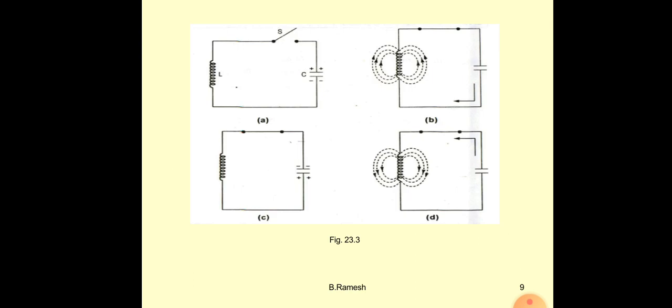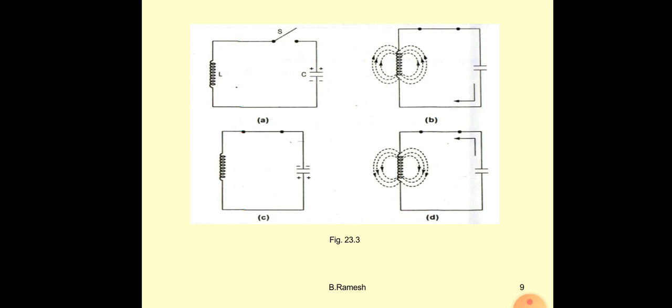Here, initially the capacitor is charged by giving DC voltage, an external voltage, making the capacitor fully charged, and here the switch is open. When you close this switch, the capacitor tries to discharge.